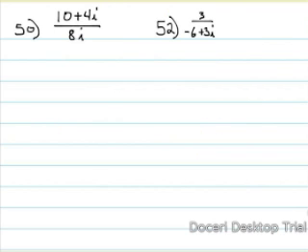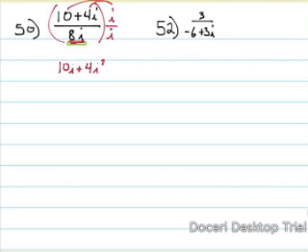50, getting a little more complex. Again, just a monomial on the bottom there. So we want to multiply through on top and bottom by i and by i. So on the top, we're going to have 10 plus 10i, because we're distributing the i up here, plus 4i squared.